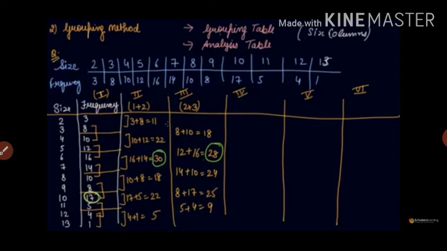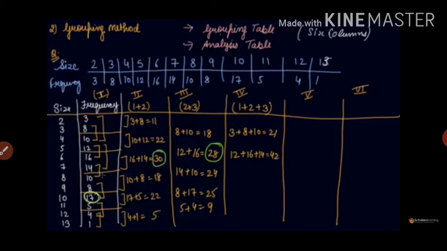Now in the fourth column, we add the 1st, 2nd and 3rd frequencies, which means we take the first 3 frequencies, then the other 3 frequencies, that is 3 plus 8 plus 10, which is 21. Then we add 12 plus 16 plus 14, which is 42.